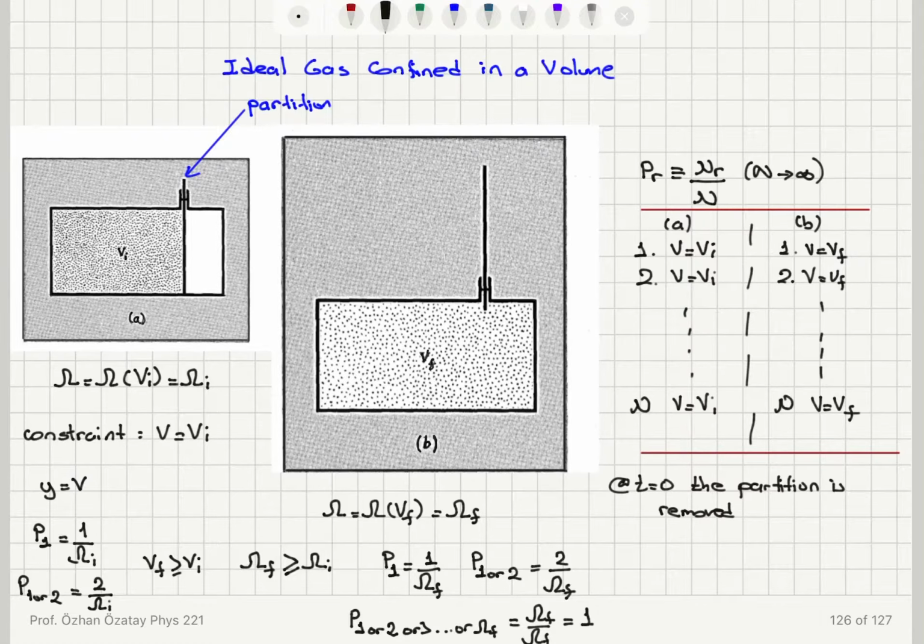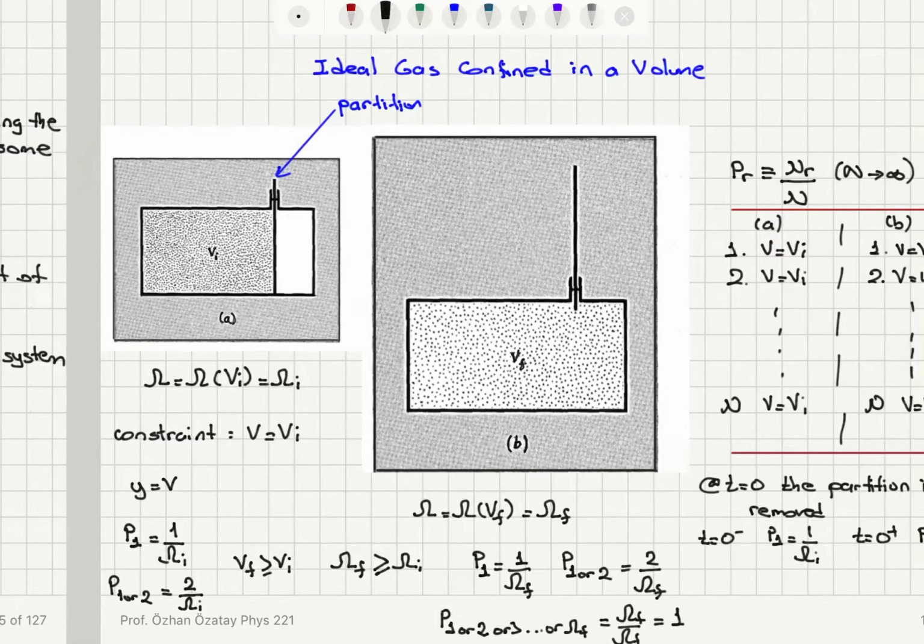So if you ask me, at t is equal to 0 minus, the system was at equilibrium. Probability of one accessible state was 1 over omega initial. At t is equal to 0 plus, right after the removal of this partition, the probability will still be 1 over omega initial. So we have to wait for the system to evolve and the probabilities will change in time.